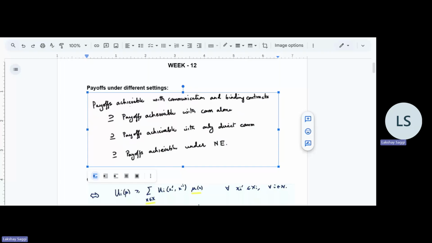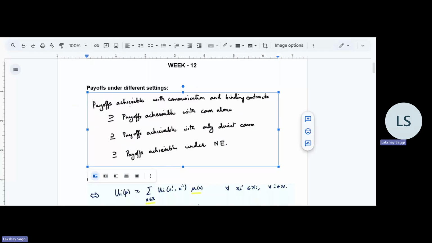In theory, you're enforcing players to follow the contract. These are very powerful tools, and hence the set of payoffs which can be realized using binding contracts is even a superset of payoffs achievable with communication alone.